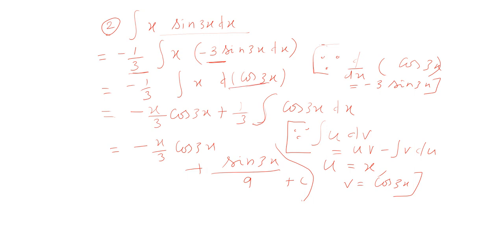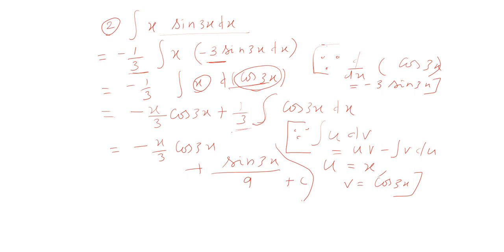Now instead of u I have x, instead of v I have cos 3x here. Now apply the formula uv minus integral v du, the formula which we derived in this particular video. Minus 1 by 3 is there, multiply that. I'll get minus x by 3 cos 3x plus 1 by 3 integral cos 3x dx.